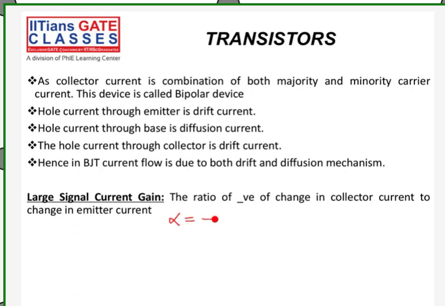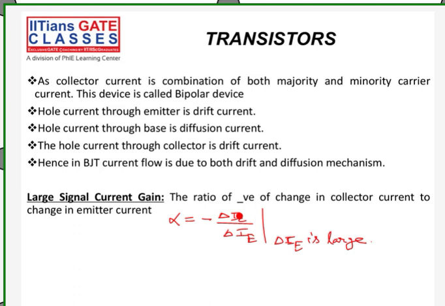And alpha is equal to minus delta IC divided by delta IE. Here we need to remember that delta IE is large. So it is large signal current gain because delta IE is large.